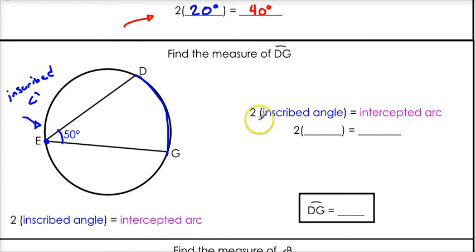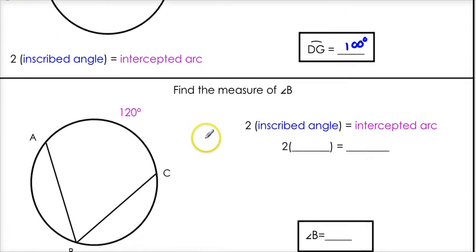So let's do the math here. 2 times the inscribed angle equals the intercepted arc. We'll put this as x. So 2 times 50 is equal to x. We know that 100 degrees is going to be equal to x. So our arc is equal to 100. We just doubled it. See what we did there? Just doubled it.